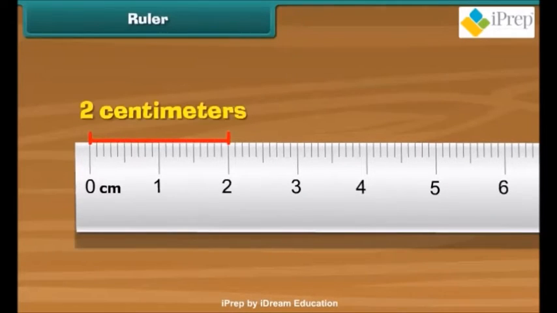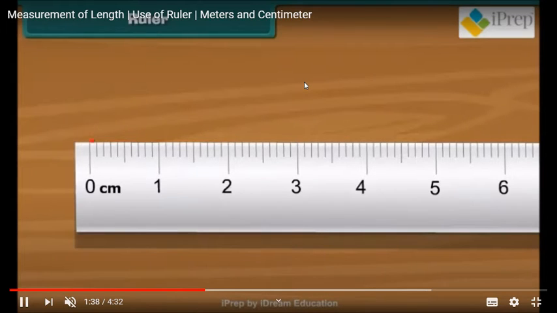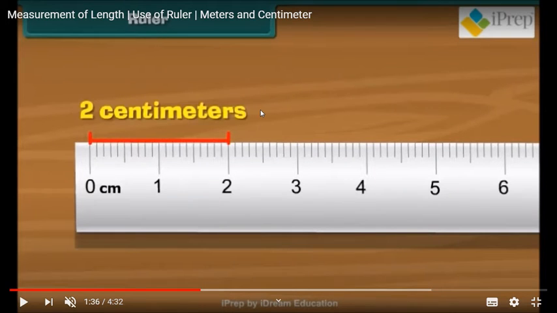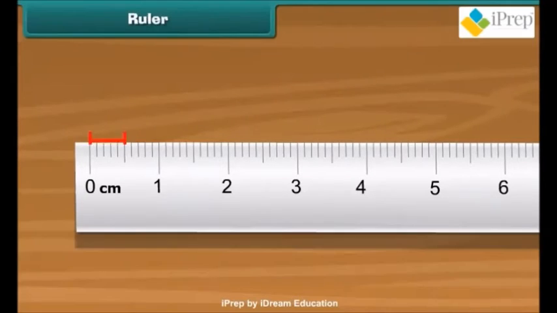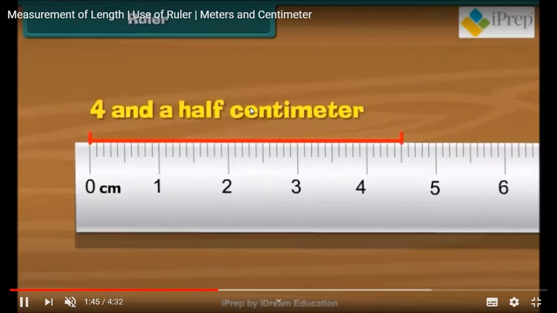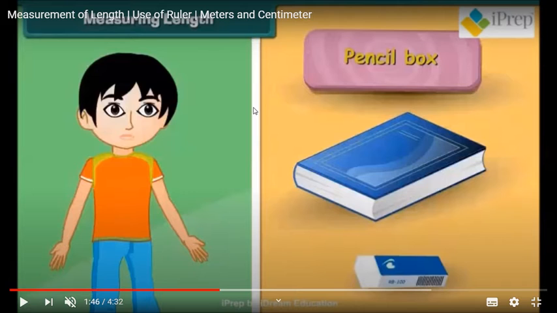Now what will we do? Read the scale. This is 2 centimeters. And this is half a centimeter. Similarly, this is 4.5 centimeters.